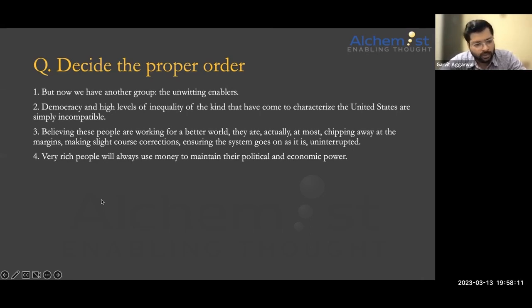अब दोनों को अगर आप पढ़ लोगे तो I think it's very clear that second is a better introduction, right? It's introducing the topic: democracy and high levels of inequality of the kind that have come to characterize the US are simply incompatible. They are incompatible. Very rich people will always use money to maintain their political and economic power.